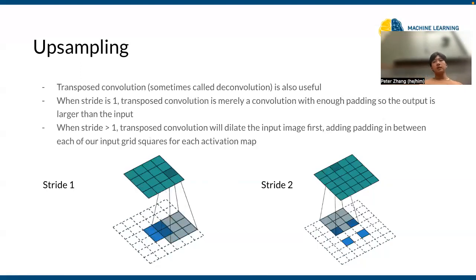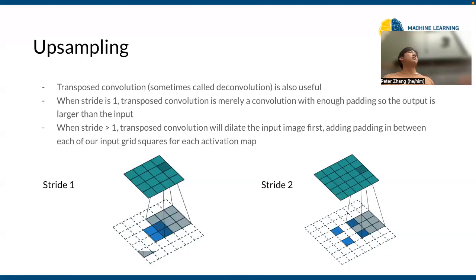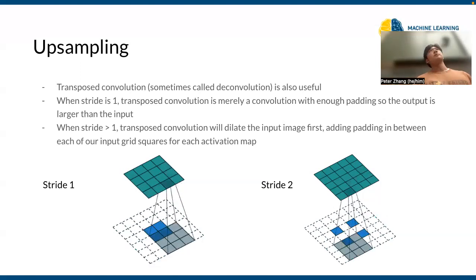And you can sort of see visually this effect here. We added 2 pixels of padding around this 2x2 image, and our upsampled version is actually larger. And then with different kinds of strides, you can further upsample your image. Right, deconvolution.